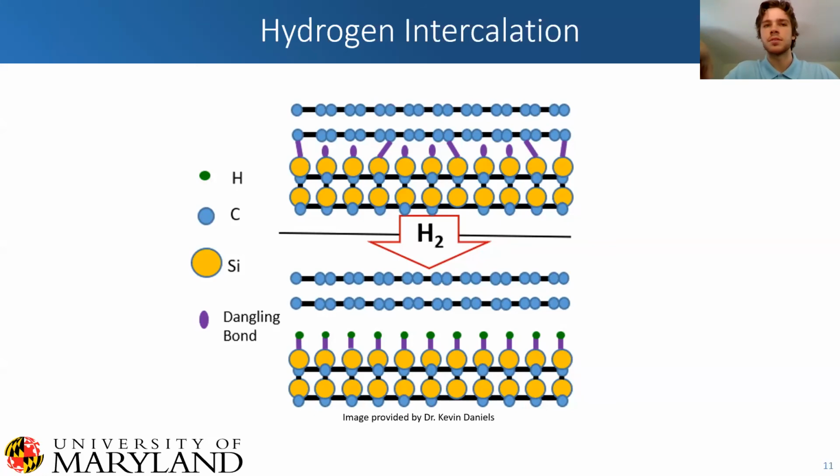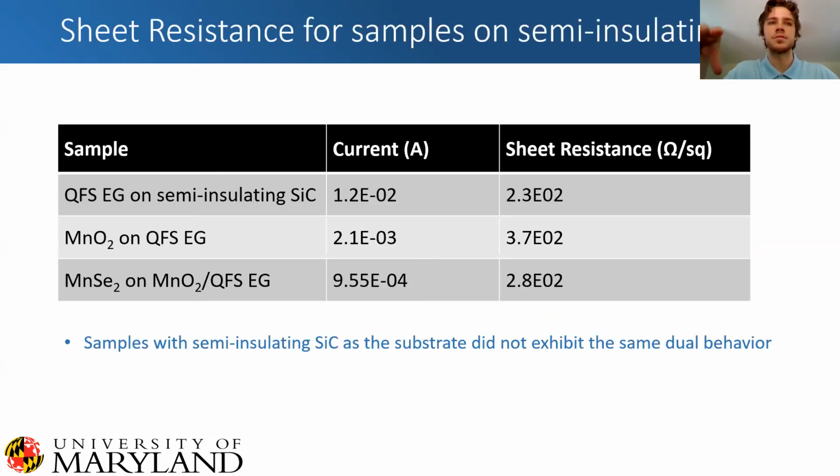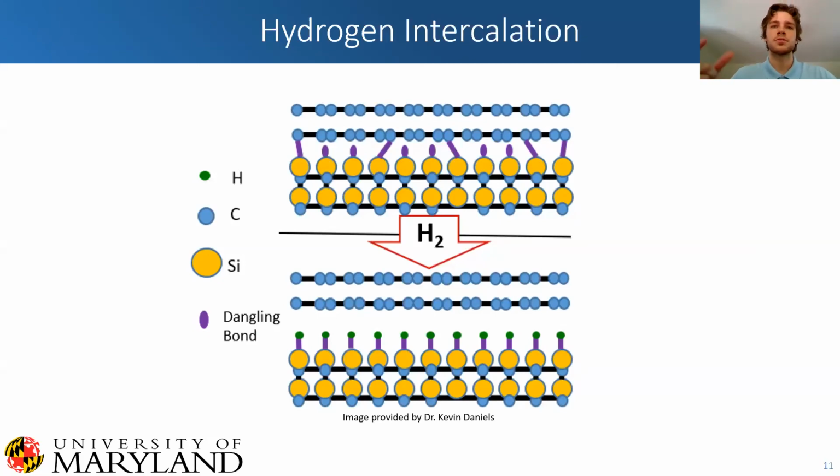And so as you can see here, we only have one set of resistance values for the quasi-freestanding epitaxial graphene. And there's some other electrical properties. Quasi-freestanding epitaxial graphene is very favorable. It has a variety of electrical properties which make it a little bit better than epitaxial graphene, and one of those is not having the dual regime behavior. But there's a bunch of others as well.